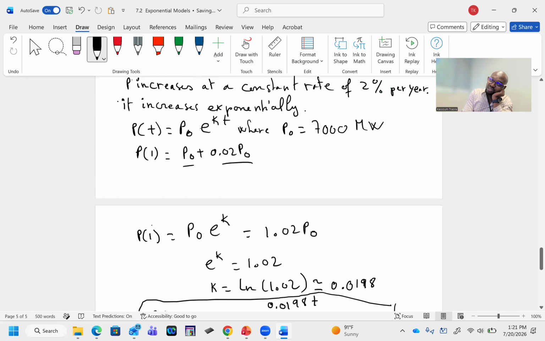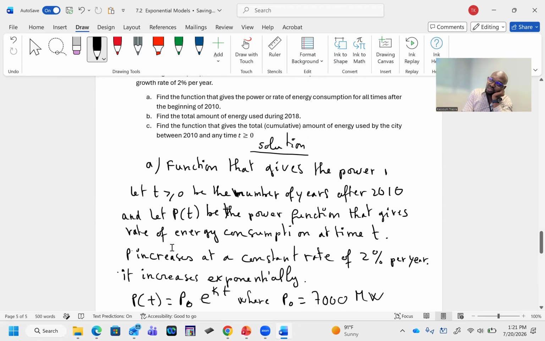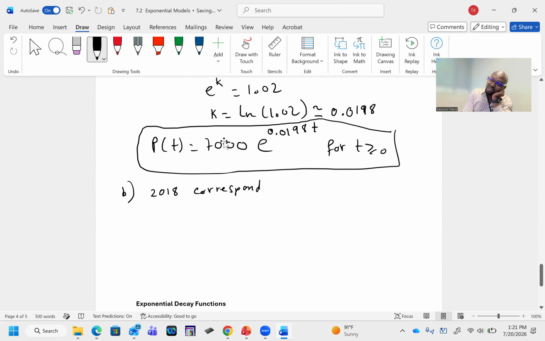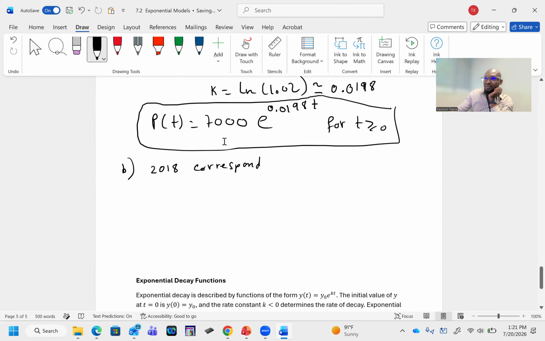Because this one is 2010, that means t is between 8 to 9, right?